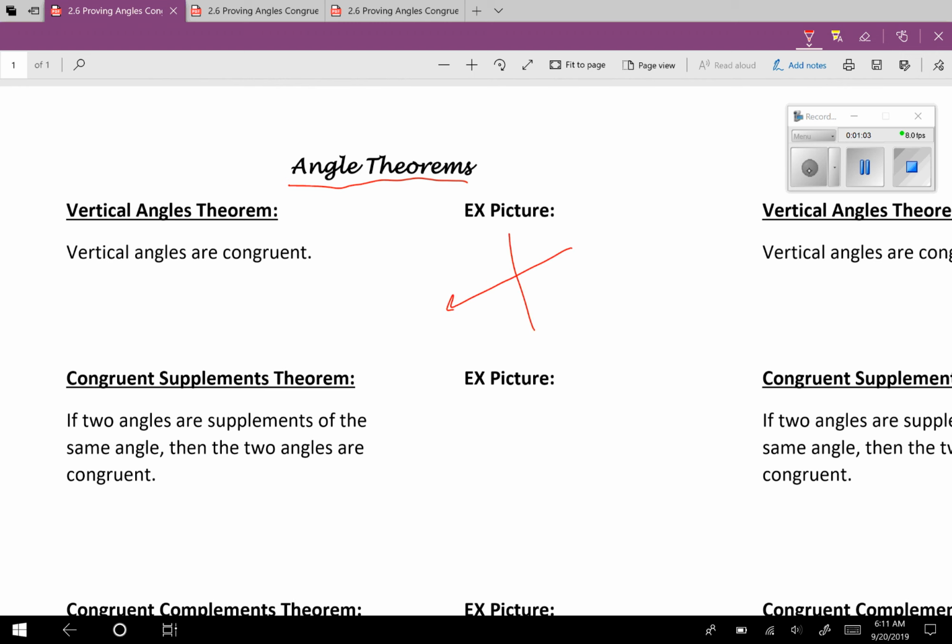Remember, draw your two intersecting lines, and the angles that are across from each other are congruent. So this one is congruent to this one over here, and then we have our other ones, which are congruent to each other.